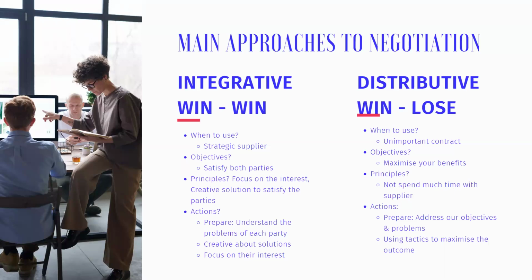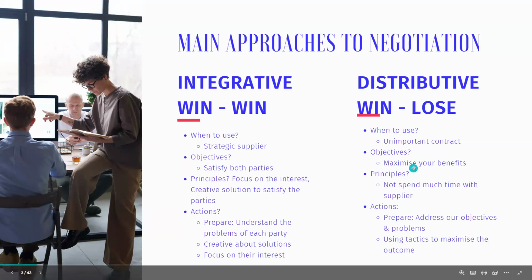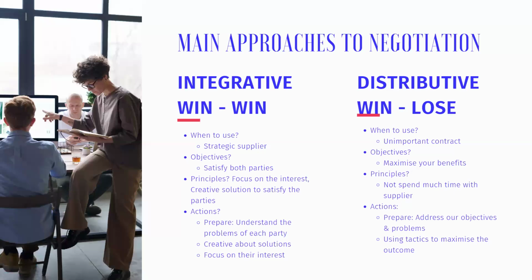With this approach, the action here may include understanding our objective and problems and trying to extract the best from the supplier. So when it comes to the comparison between iterative and distributive, it could be just this short. We don't need something quite complex here.